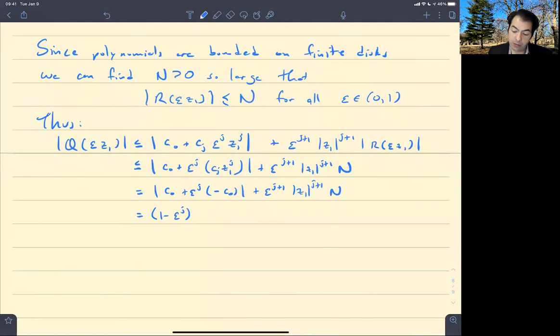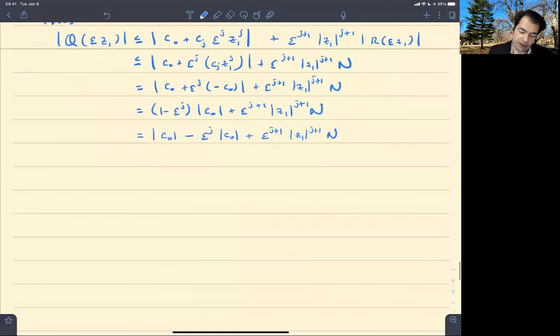That's a positive real number, so I can pull it out of this modulus, and it's multiplying modulus of C naught, plus epsilon to the j plus 1, modulus of C1 to the j plus 1, times capital N. And then I can write this as modulus of C naught minus epsilon to the j, modulus of C naught, plus epsilon to the j plus 1, C1 to the j plus 1, capital N.